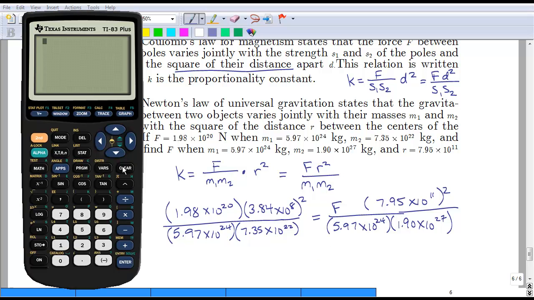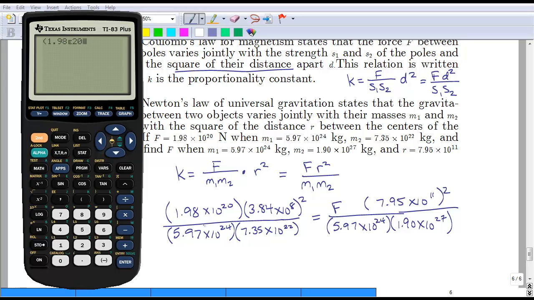Now, in your calculator, you will see this button here, which says EE. This is what we use for scientific notation. So if, for instance, we wanted to put this entire left-hand side in all at once, we need to start off with parentheses, 1.98, and we're going to use this E to the 20.